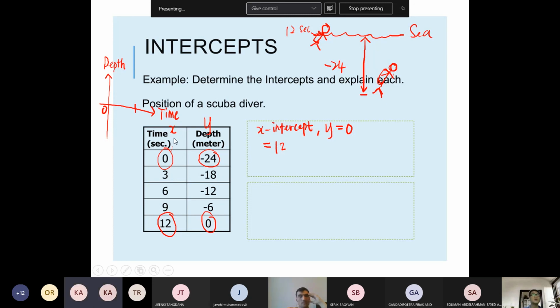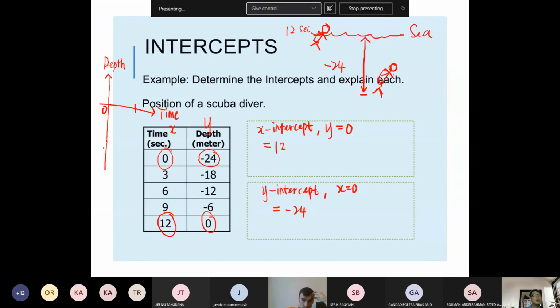So the y should be 0. The depth of the scuba diver should be 0, and we have the time is 12 seconds. And of course, the other way around, to find the y-intercept, when x is 0, the y-intercept is negative 24.